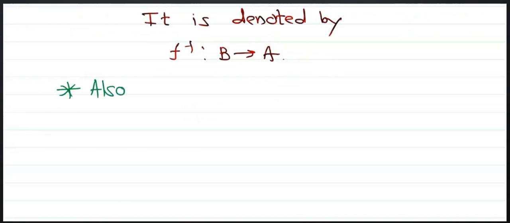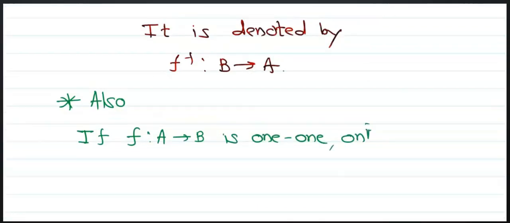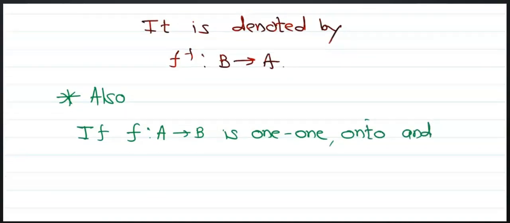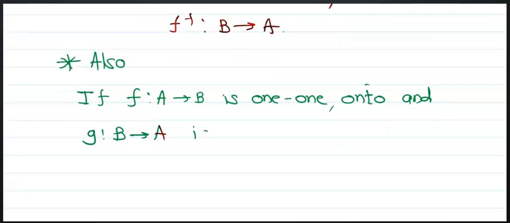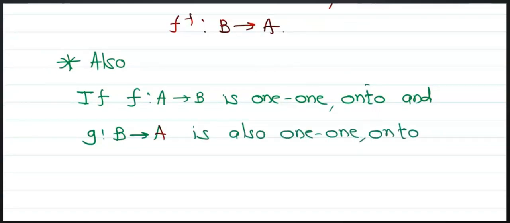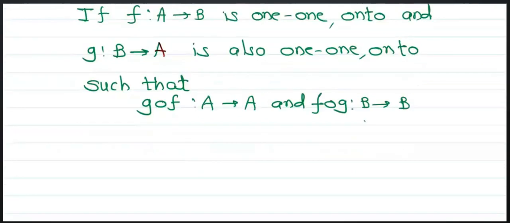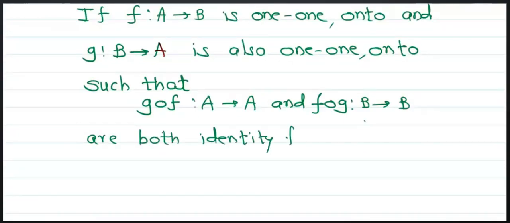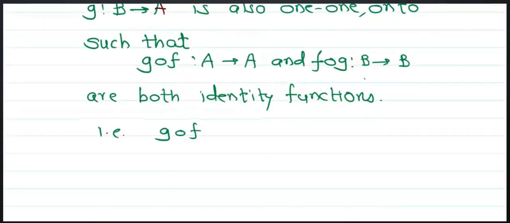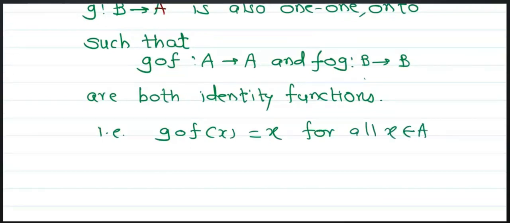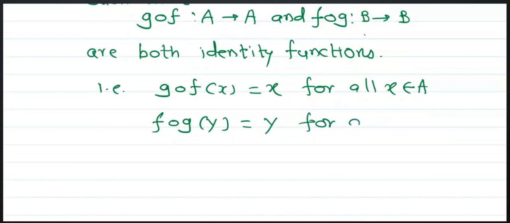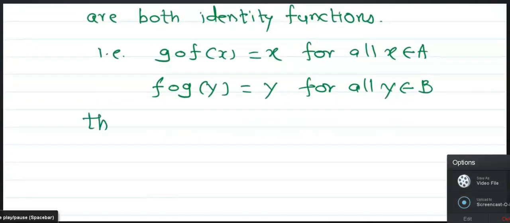Now we'll see through the examples also. If a function f defined from A to B is one-one and onto, and g defined from B to A is also one-one and onto, such that g of f from A to A and f of g from B to B are both identity functions, that is, g of f of x is equal to x for all x in A, then f of g of y is equal to y for all y in B. I am writing the definition.